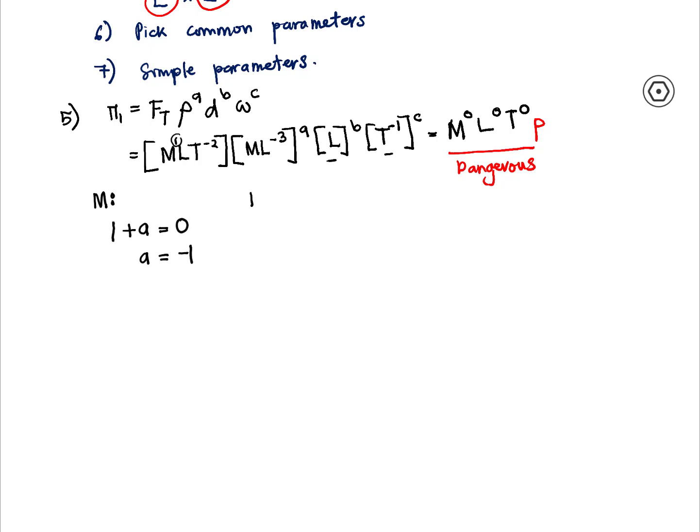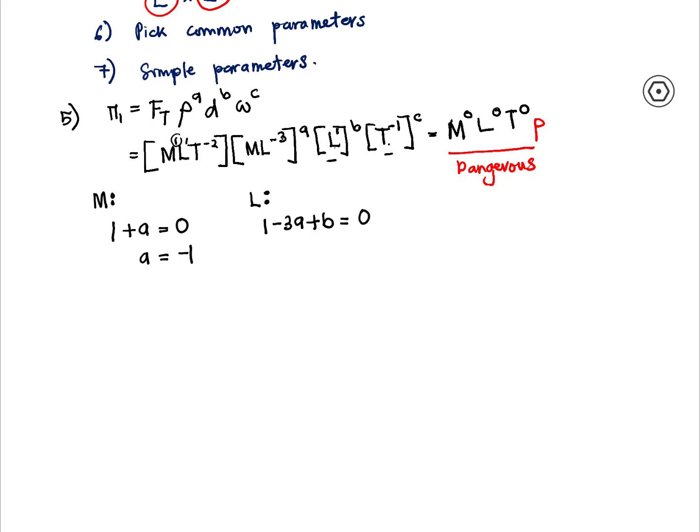Then we find for L. So L to the power of 1, so 1. For this, L to the power of minus 3 times A, minus 3 times A is minus 3A. Then L to the power of 1 times B is plus B. And then this one, there is no L. Therefore, L is equal to 0.